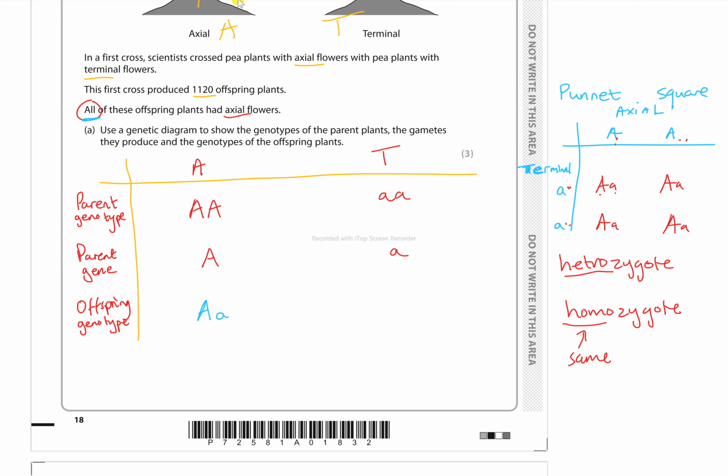So that's why all the offspring were axial. That means that axial is the dominant one. So you can do it like this. You can do a Punnett square, which will give you the marks.